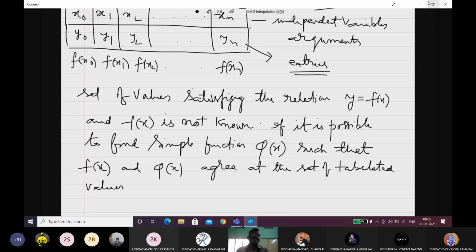The two functions satisfy all the values x0 to xn, y0 to yn.